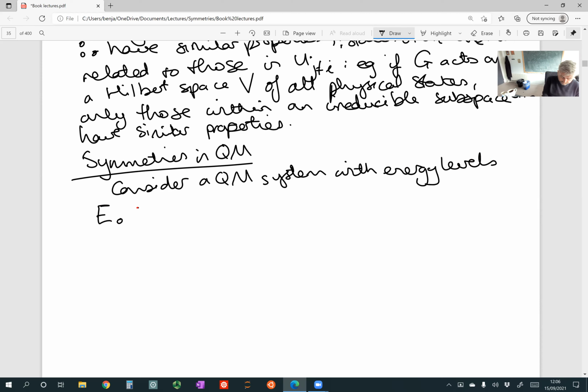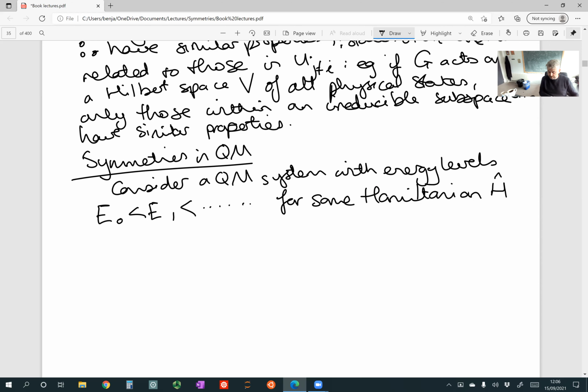So we're going to label these by E_0, etc. And they're increasing as the suffix increases. So these, for some Hamiltonian, big H. Now, I'm going to just discuss operators here that act on Hilbert states.